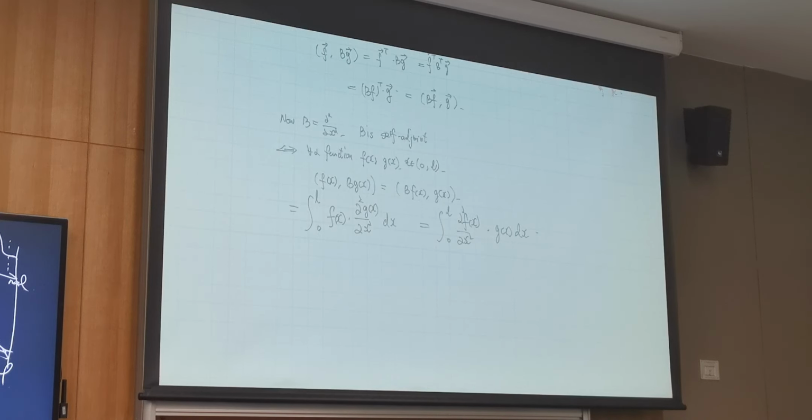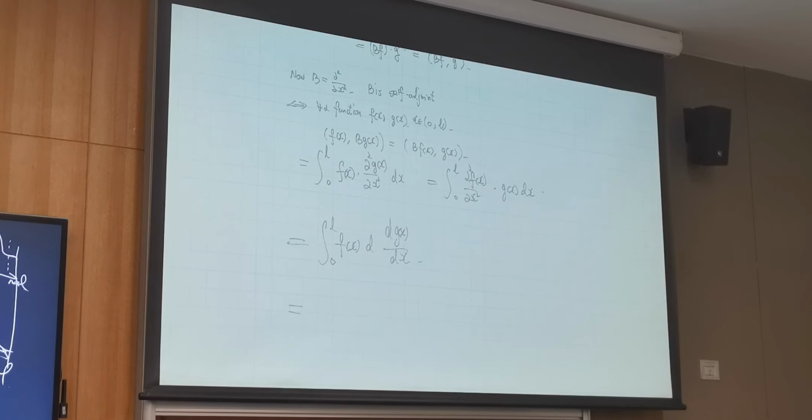By doing integration by parts for the first one, what do I get? The integral from 0 to L of f(x) times d over dx of dg(x)/dx equals dg(x)/dx multiplied by f(x), evaluated from 0 to L, minus the integral from 0 to L of dg(x)/dx times df(x)/dx.